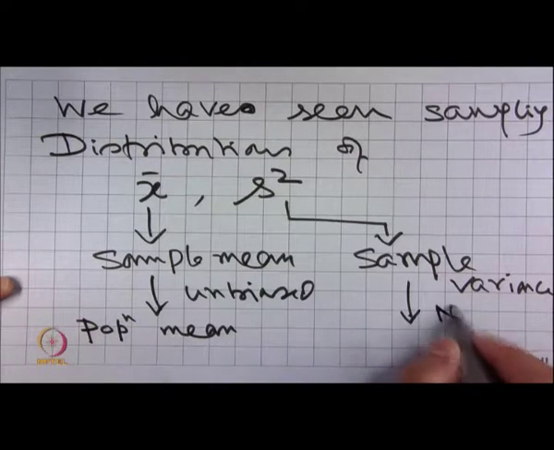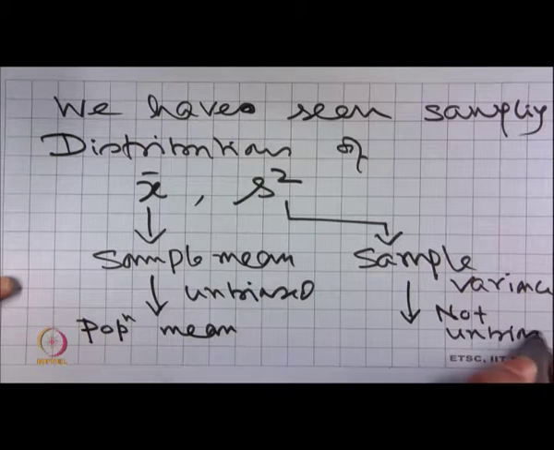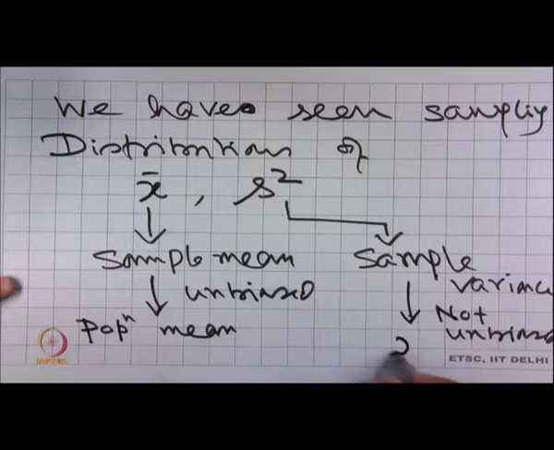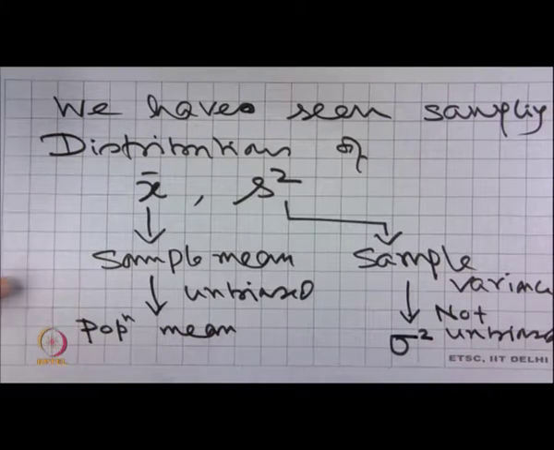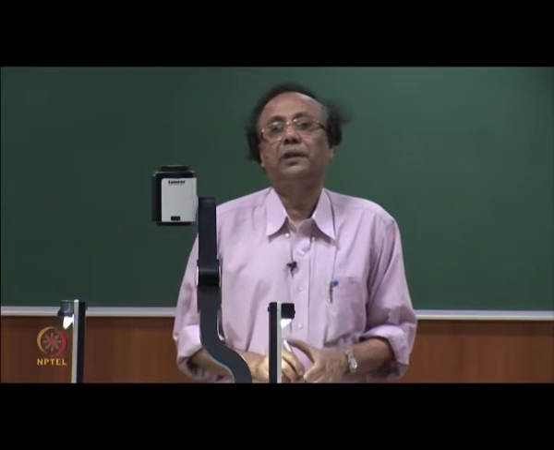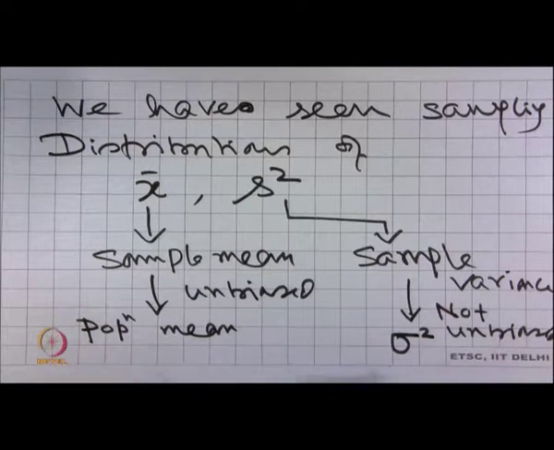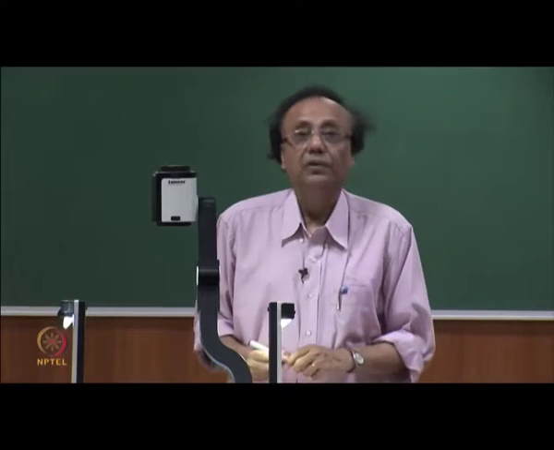This is not unbiased for sigma square, which is the population variance, but a constant multiplier of sample variance will give an unbiased estimator for sigma square.